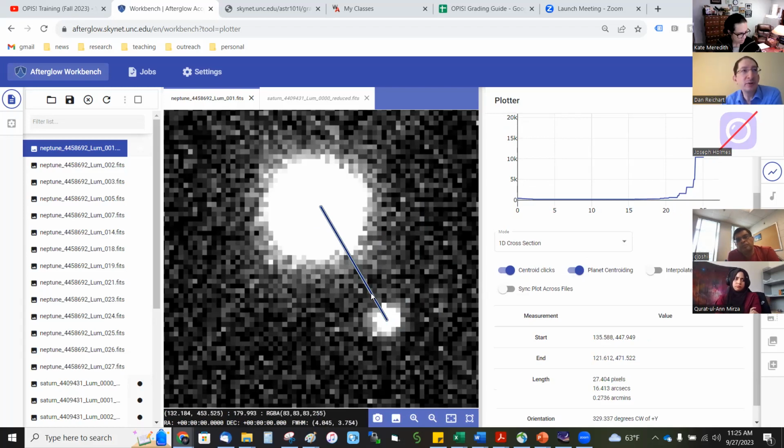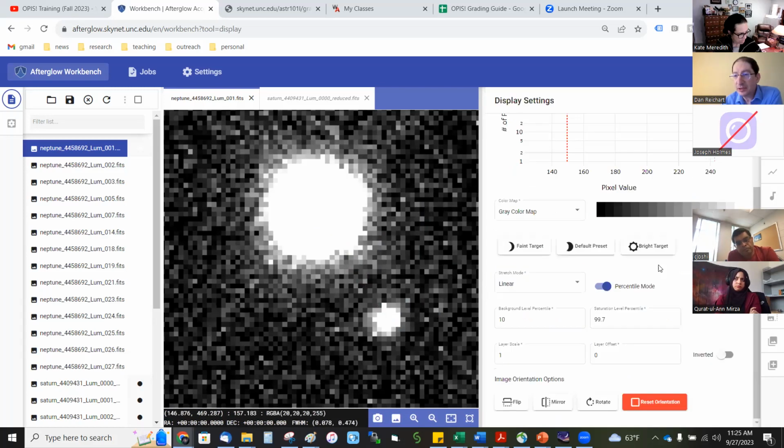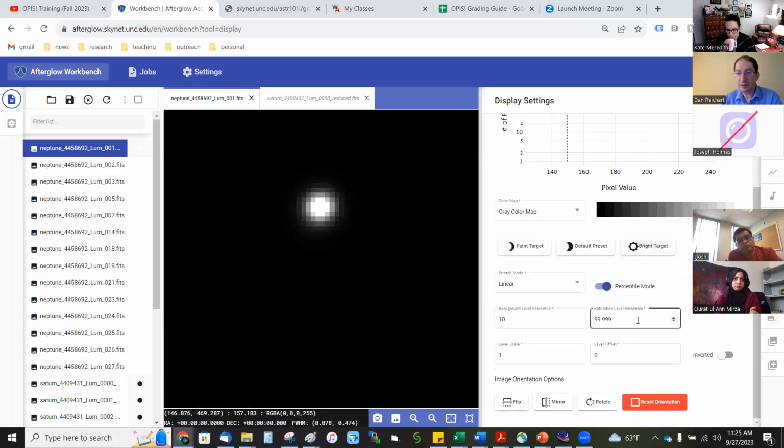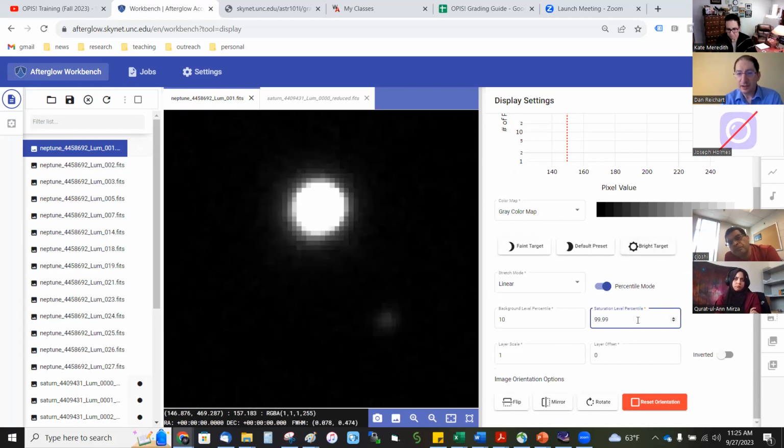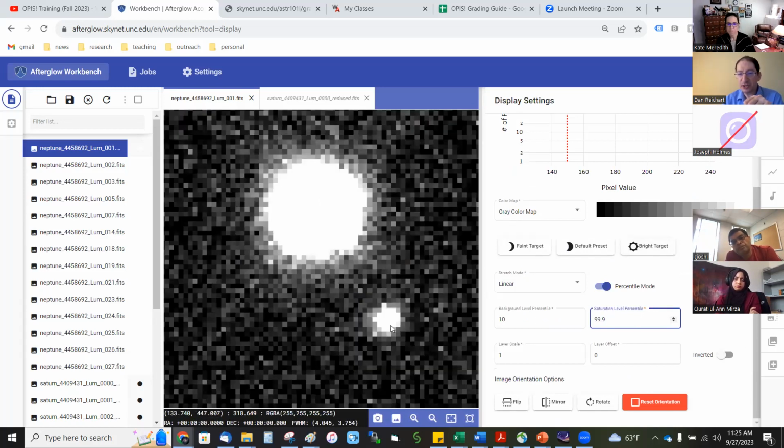Though sometimes if you're using lesser quality telescopes, these can blur together a bit, and you may have to adjust. Got a bright target, back it down a little bit to gain as much separation as you can.